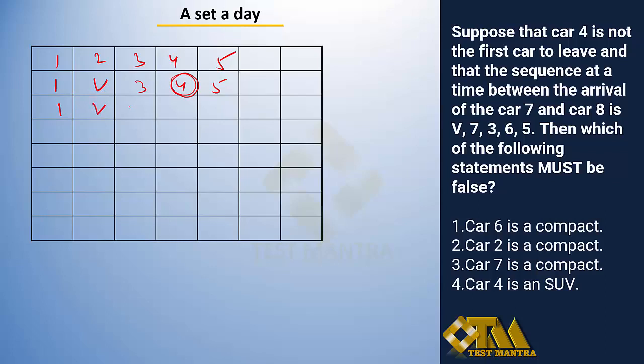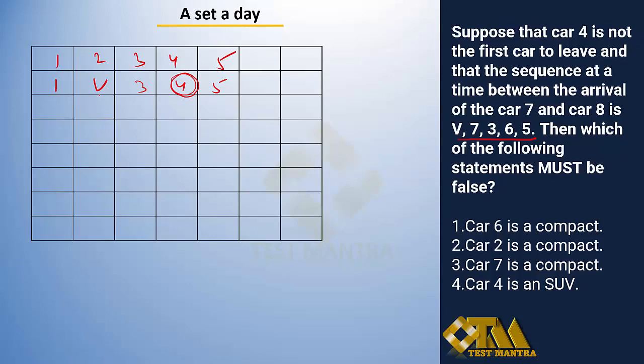So suppose I'll take 2 V's, 3, 4, 5. Now suppose I want to insert car 6 here. If I want to insert car 6, it will be at this location or else combination of these two. That means it should be in the second location, but according to the final order it's on the 4th location. So that means this is definitely not possible here, right?